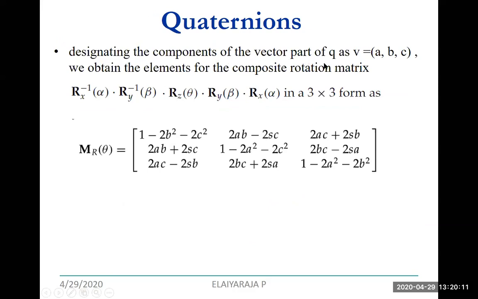Designating the components of the vector part q as a, b, c, which we mentioned initially with respect to the x, y, z coordinate origin, we obtain the elements for the composite rotation matrix.